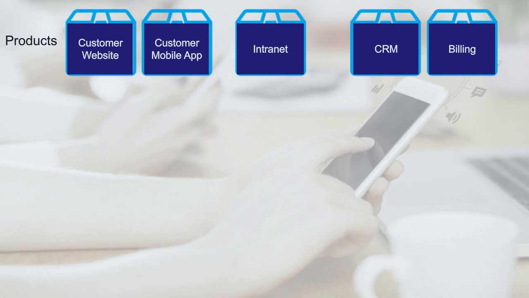So externally, these products could be a customer website, a customer mobile app. Internally, these products could be an intranet, a CRM product, and also we may provide to our finance department a billing product. Now, all of these products come together to form IT services, so we collect them all together.